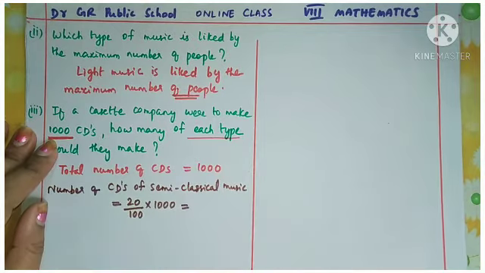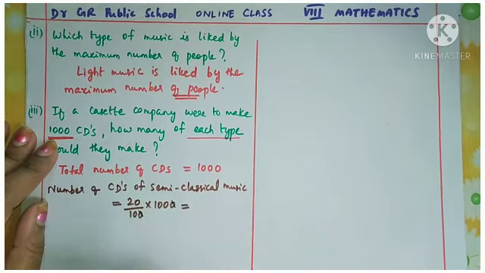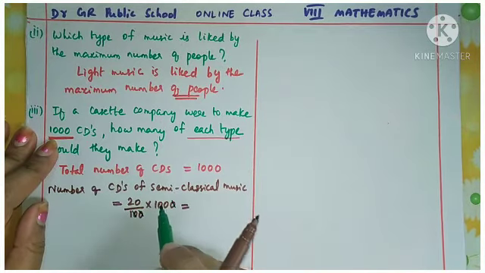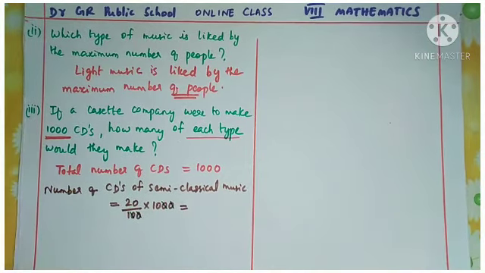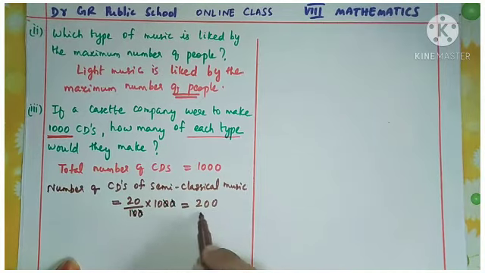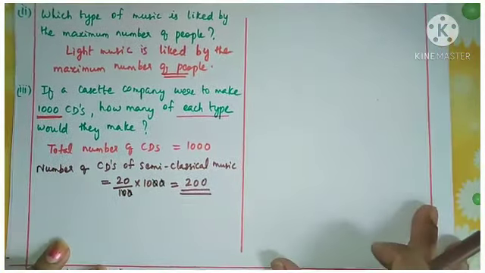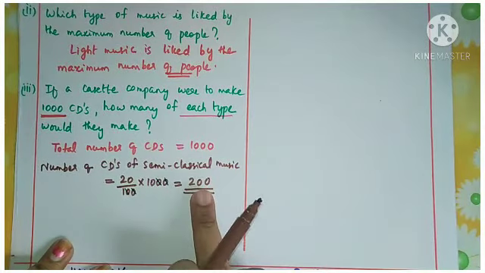We can cancel the zeros, so 20 into 10. What is 20 into 10? 200.